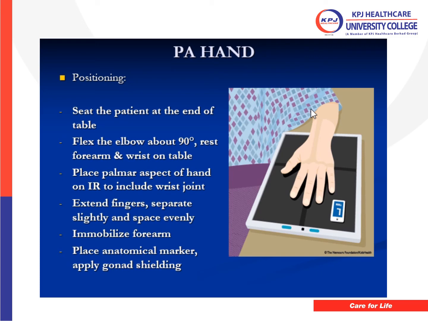This is the positioning of the hand. You can see here the palm on the image receptor, and as usual, you are putting the patient at the end of the table couch. Flex the elbow about 90 degrees, for comfort of the patient.